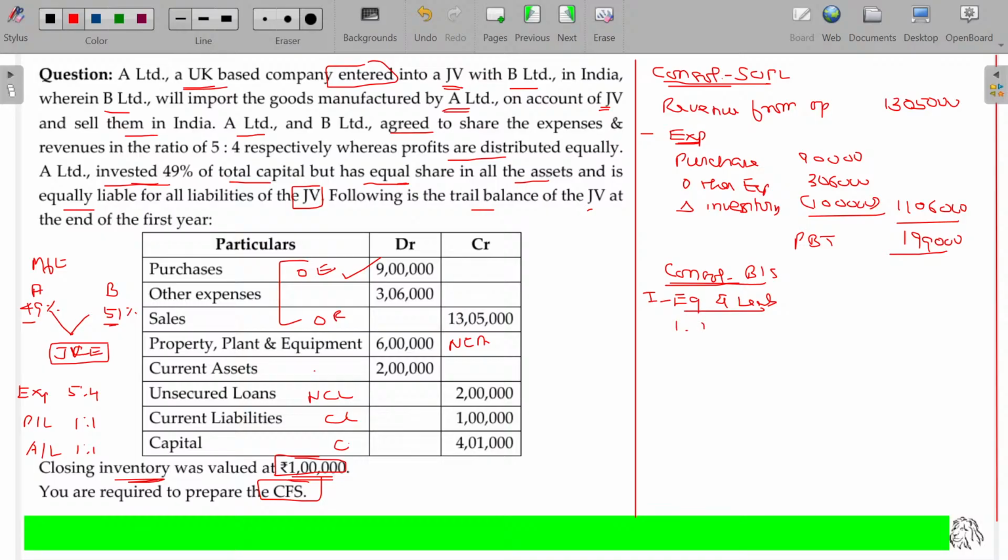In that, equity share capital, we assume this 4 lakhs 1,000 is the equity share capital, and we have been given non-current liabilities, value being 2 lakhs, and current liabilities 1 lakh. Reserves and surplus, the profit we have identified here, profit before tax, 1,99,000. Is that okay?